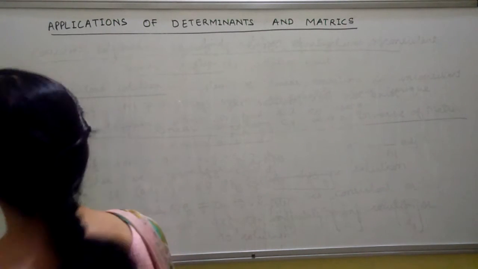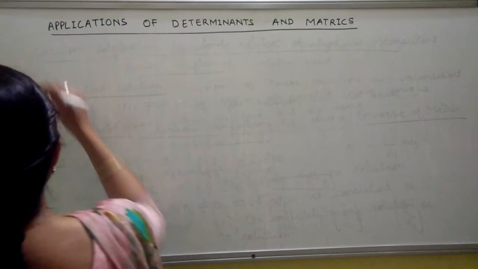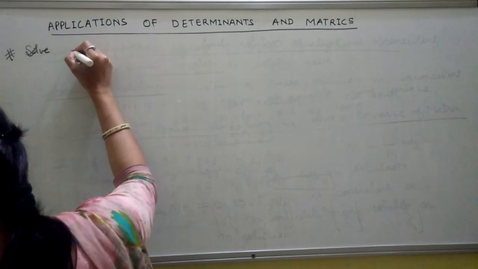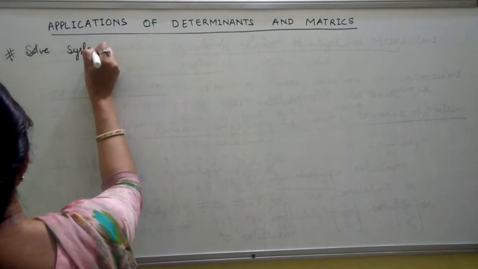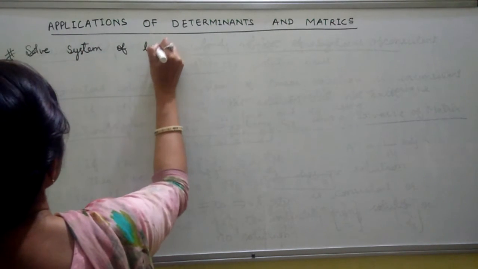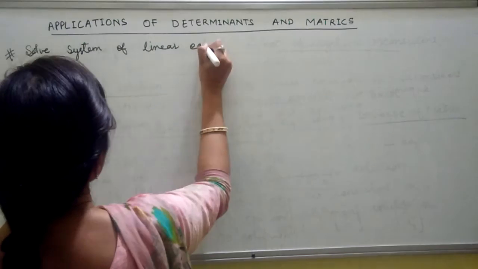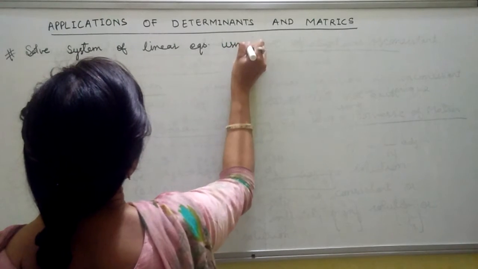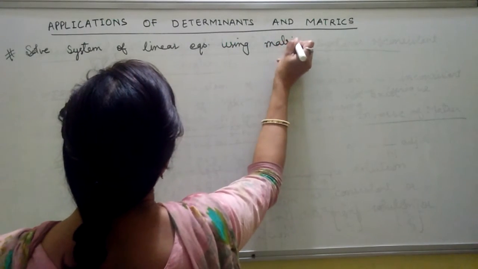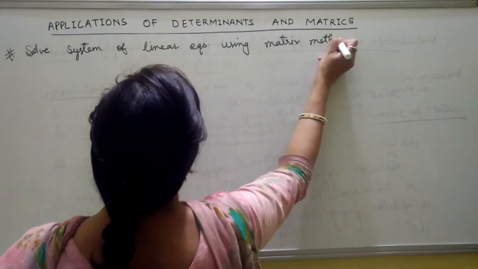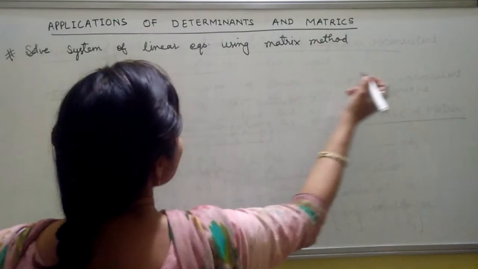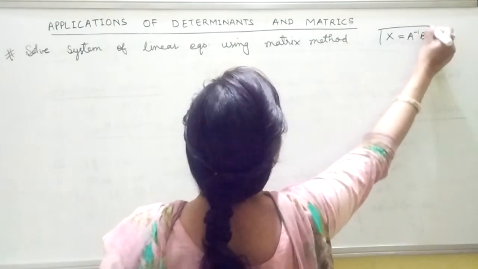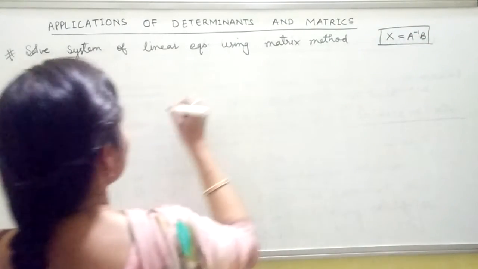Question is solve the system of linear equations using matrix method. What is matrix method? That is X is equals to A inverse B. So we have to use this formula to find the solution.